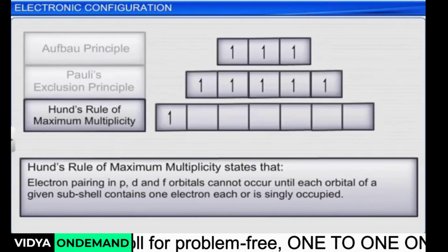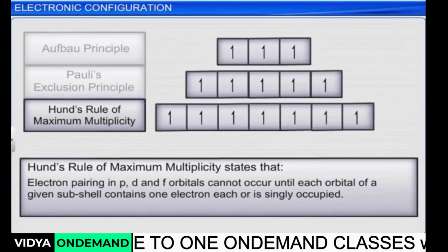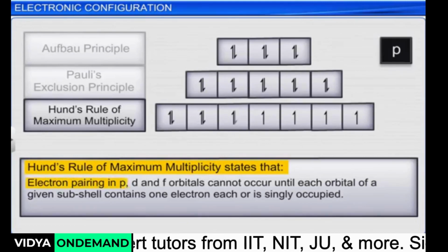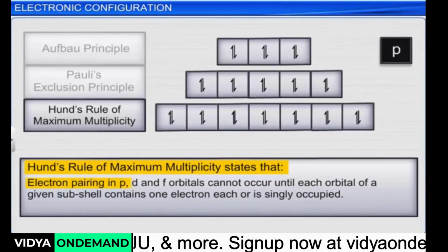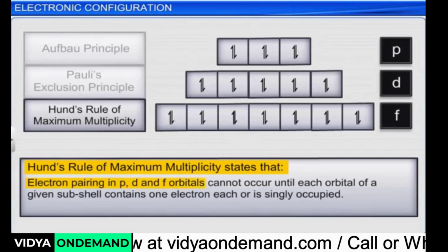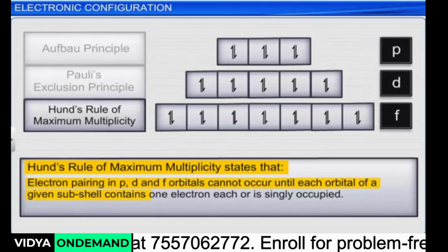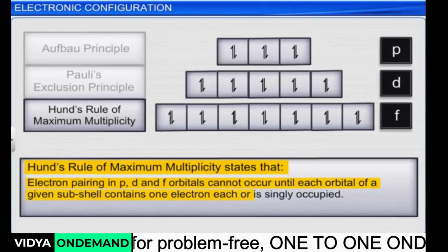It states that electron pairing in p, d, and f orbitals cannot occur until each orbital of a given subshell contains 1 electron each, or is singly occupied.